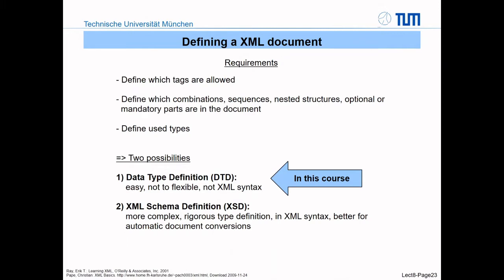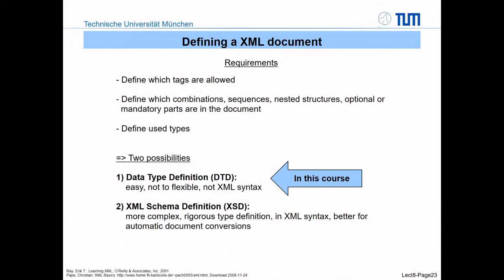It's like pulling yourself out of the dirt by pulling on your own hair. You describe the format with the same format. Therefore, you have standardizations, you have reserved words and things like that. So it's not so open anymore, but it is really nice.